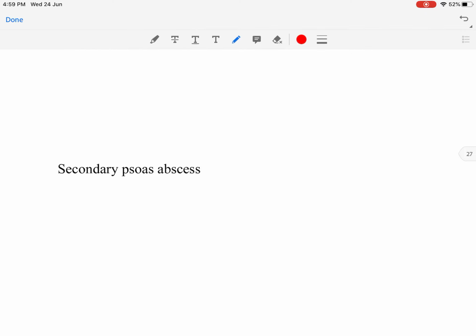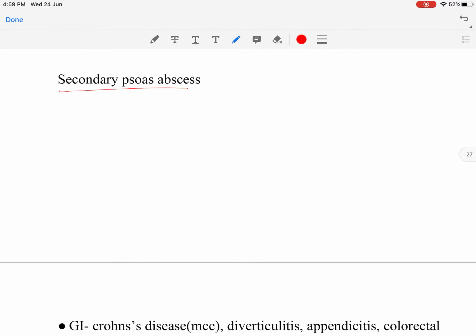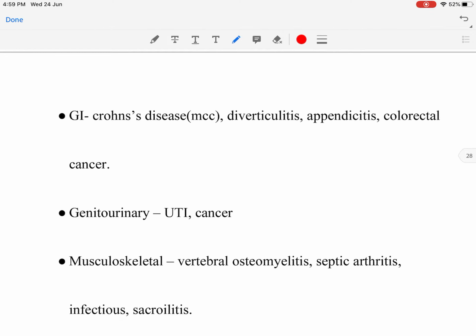Now talking about the secondary psoas abscess, where the psoas abscess has been referred from a primary cause. So the most common cause in this secondary psoas abscess is Crohn's disease, which is a GI pathology. So again, if a patient presents to us with only psoas abscess, we should not think of a tubercular spine as the primary cause, but Crohn's disease, which is the GI cause, should be thought of as the primary pathology.